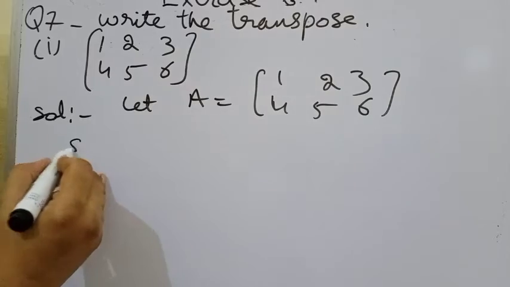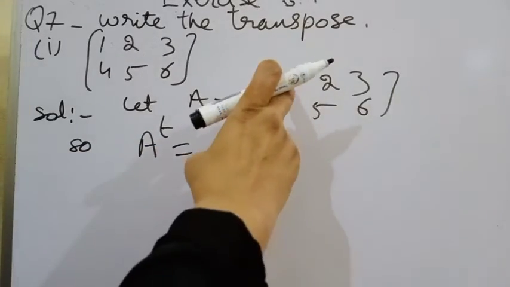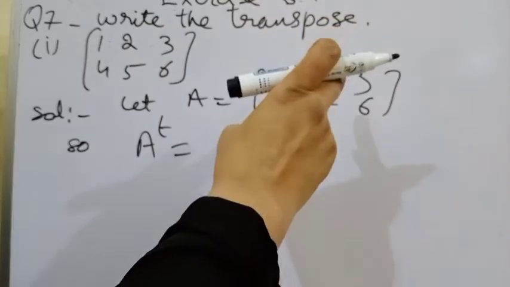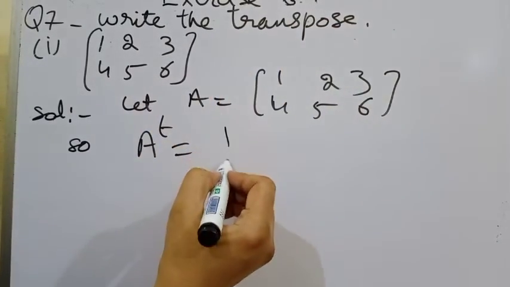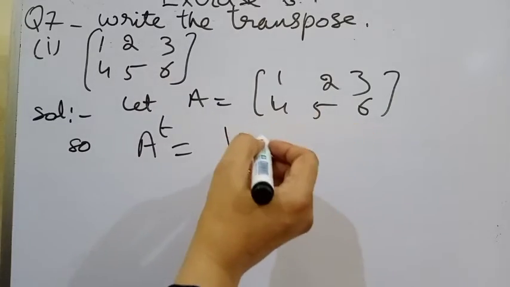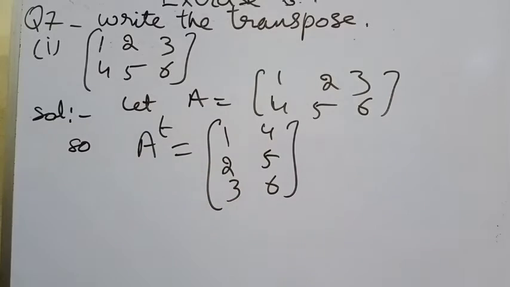So, A transpose is equal to, first we transform this row into column 1, 2, 3 and second row into column 4, 5, 6. This is our A transpose.